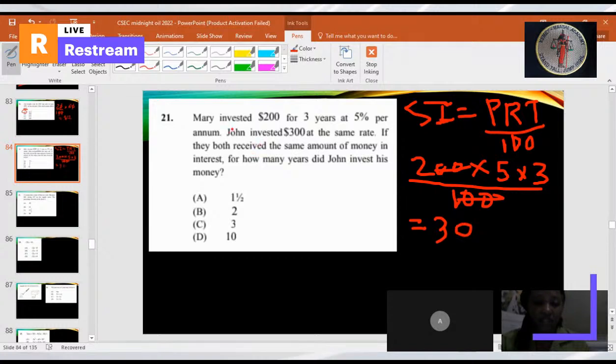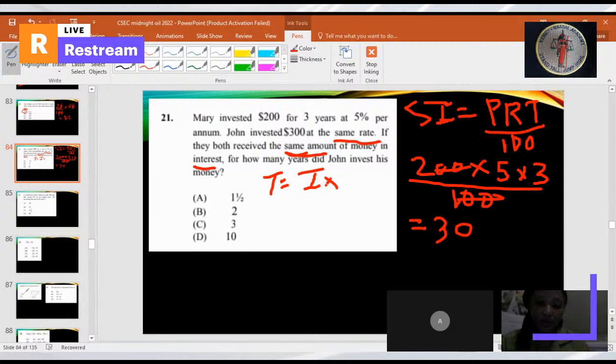John, now they're saying John invested $300, so that's his principal, at the same rate as Mary, so the same 5%, and he got the same interest. So now they want how long John invested. They want the time for John. So time is interest times 100 over the principal times the rate.